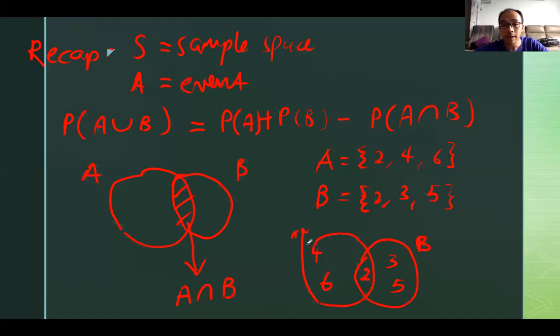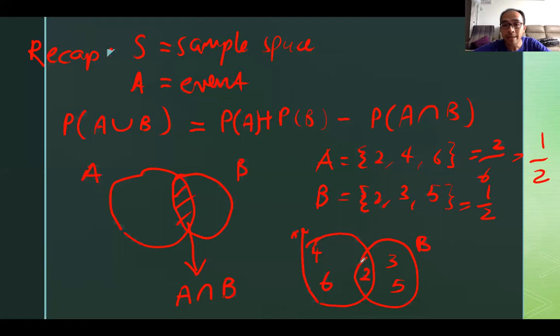There are three outcomes for event A, so the probability is 3 over 6, which is 1 over 2. The second one, event B, getting a prime number, has 3 possibilities, which is also 1 over 2.